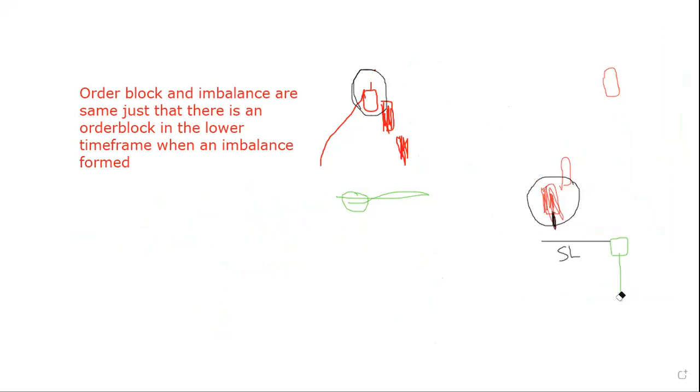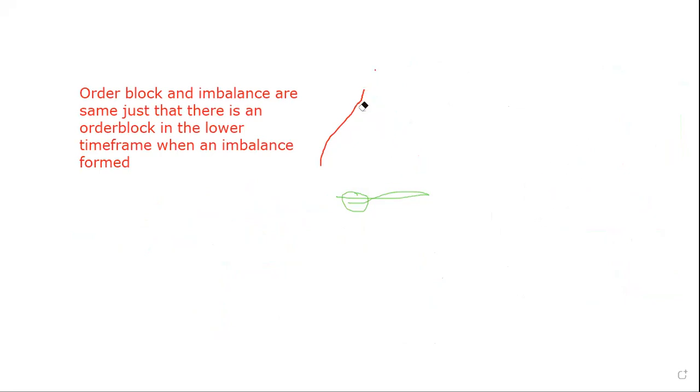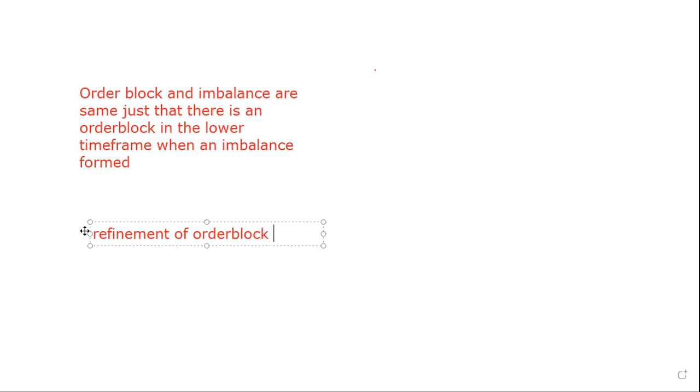When it comes to refinement of order block, it has to do with the time frame. Anytime you hear refinement, just know that we are dealing with time frame. Time frame in the sense that you want to refine, you want to go back to a lower time frame and look for a particular order block.